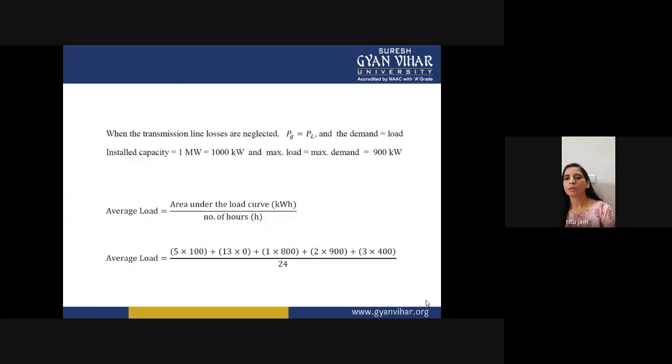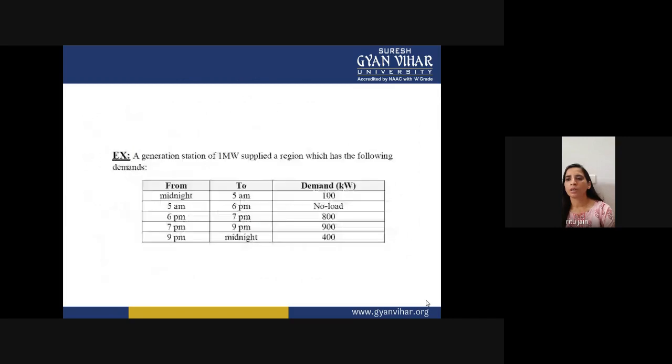Now, the transmission line losses are neglected in this calculation. So generation is equal to demand, and the demand is equal to load. So installed capacity is 1 megawatt, like 1000 kilowatt, and maximum load is 900 kilowatt, which is already given.